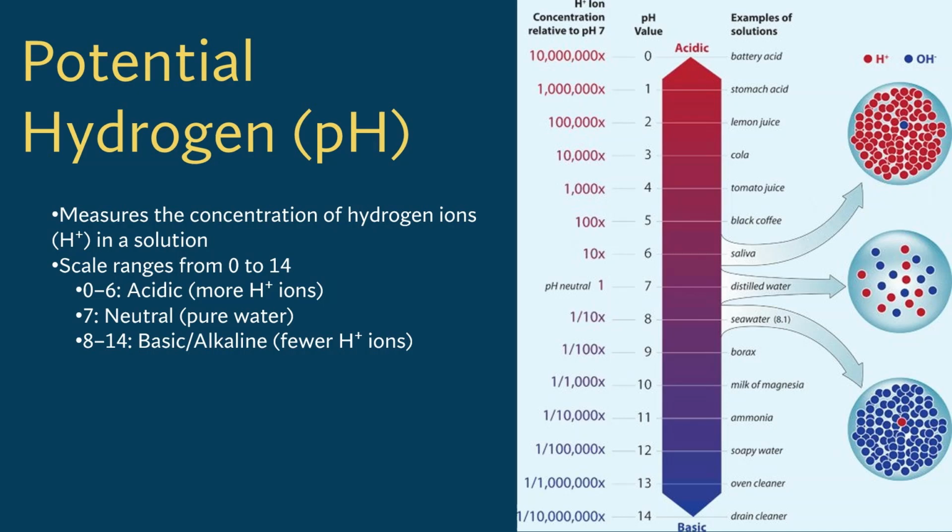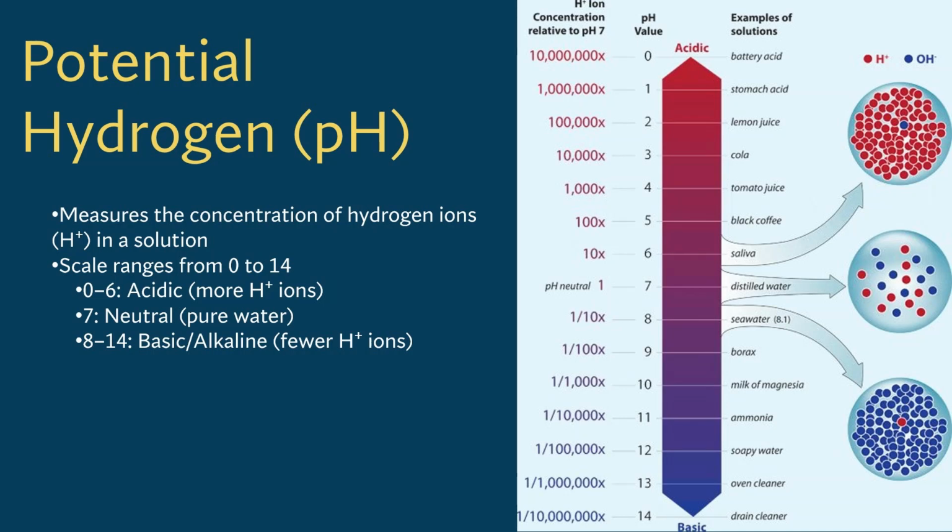Potential hydrogen, also known as pH, measures the concentration of hydrogen ions in a solution. Hydrogen ions are represented as H plus. If we look at this scale, we start at 0, which is considered acidic.